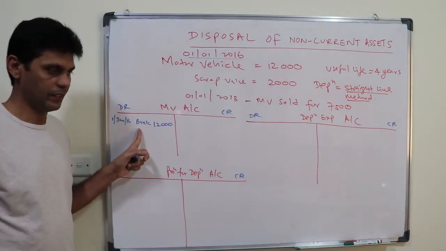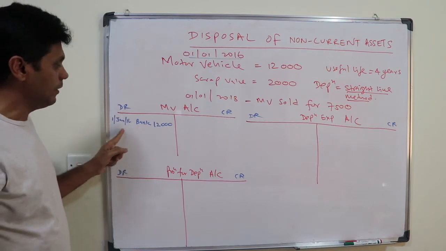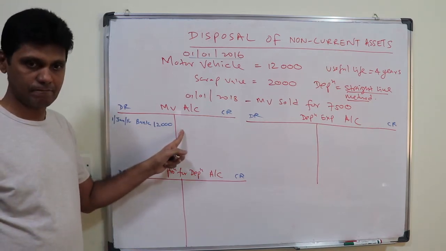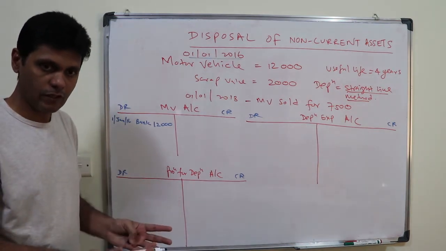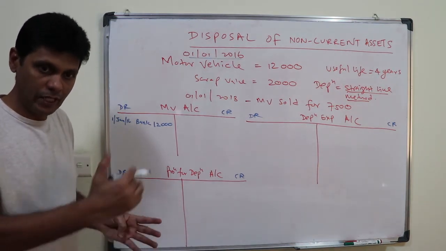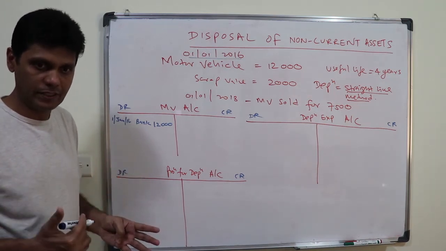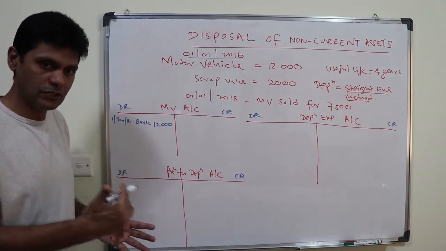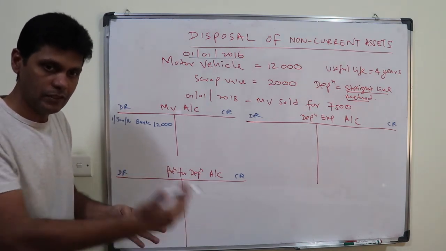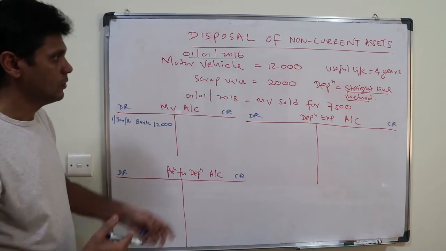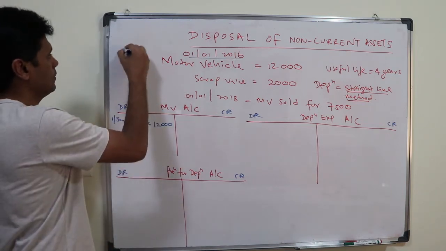Is that clear? Okay. Now end of 2016, so you need to record the depreciation. You need to close the books of accounts for 2016. So every year we need to prepare financial statements. To prepare financial statements you need to provide depreciation and charge it to the income statement. So how much is the depreciation amount?